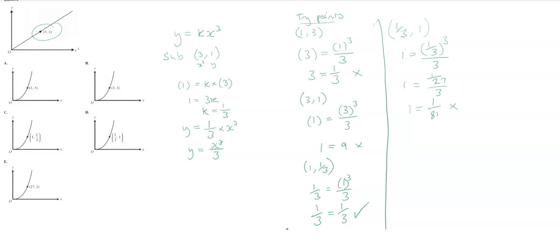So definitely not true. And the last one we're going to try is 27, 1. So that would be 1 equals 27 cubed over 3. You can already see this is not going to work, so it's going to be way too high, so no. So the answer is this one, which reflects C.